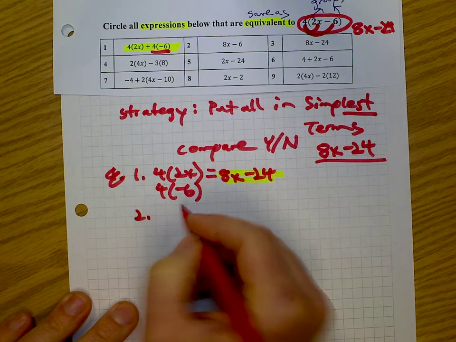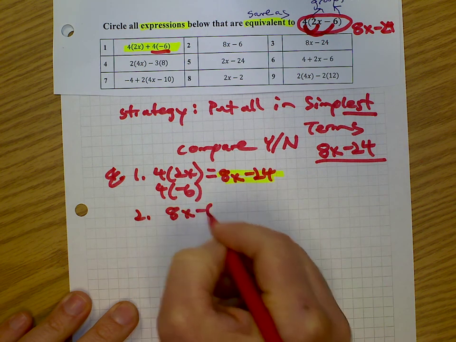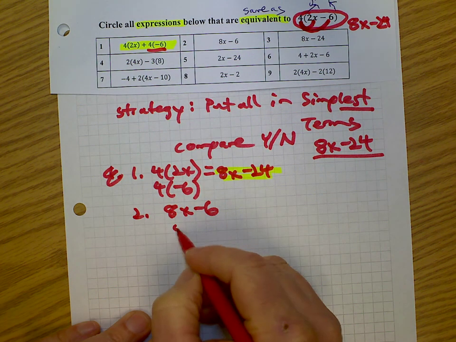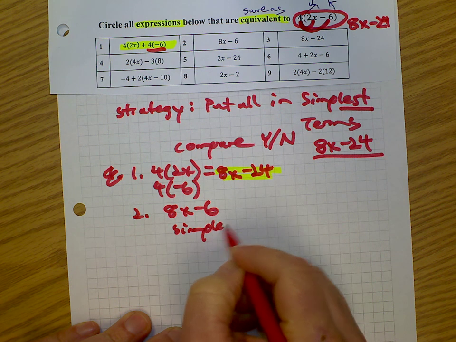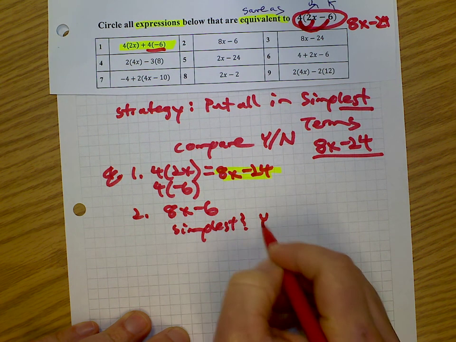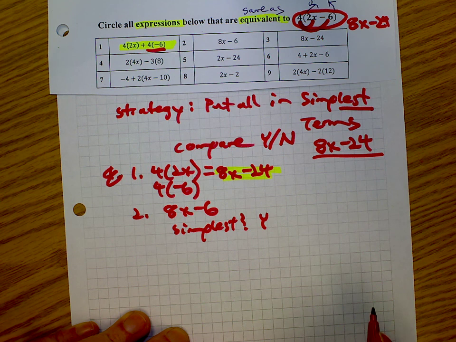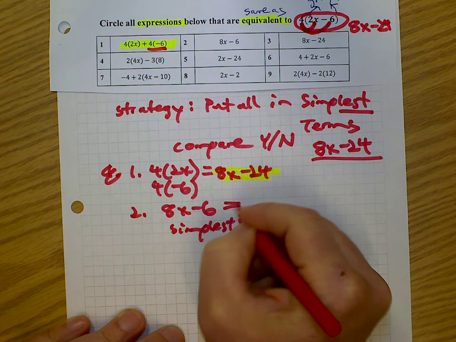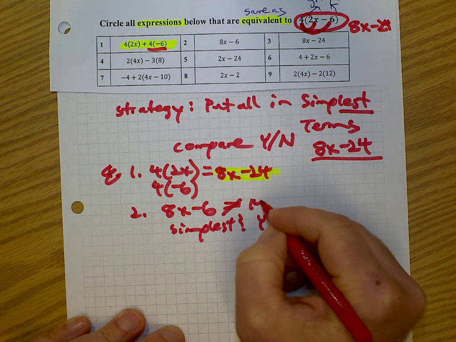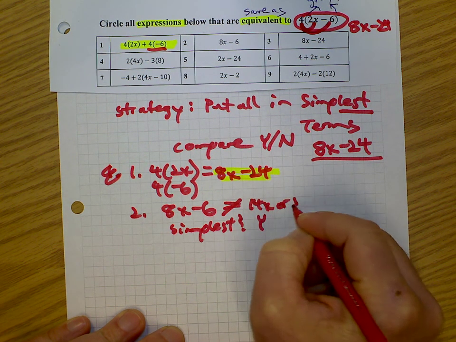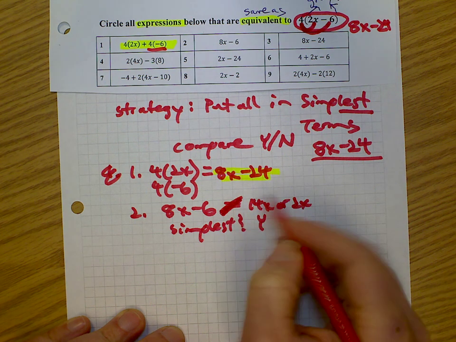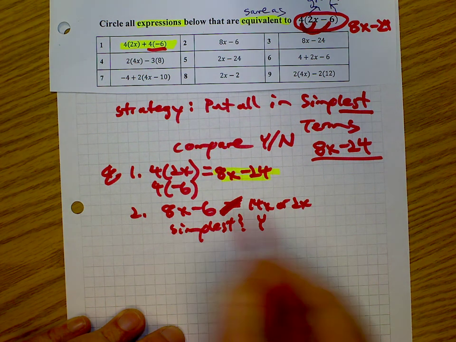Number 2. 8x minus 6. Is that simplest already? Yes, it is, because we have 2 terms and I can't do anything else with it. I cannot put those together and say that that's 14x or 2x. Don't do that. This is bears and Sharpies, right?